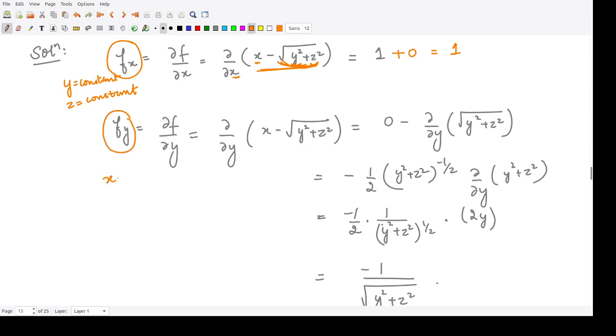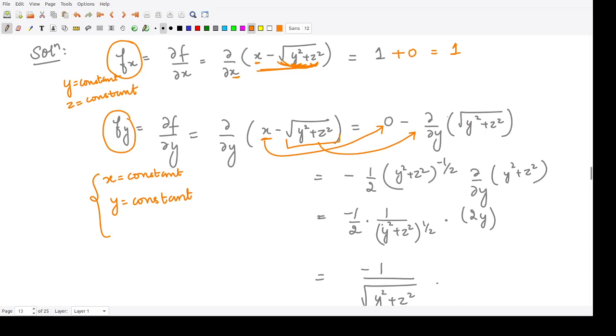Here we will treat x as constant. So what will you have? When you take the partial derivative with respect to y of the x term, it would be 0, and then we will take the partial derivative of this term. Now how do you calculate the derivative of the square root of some quantity?